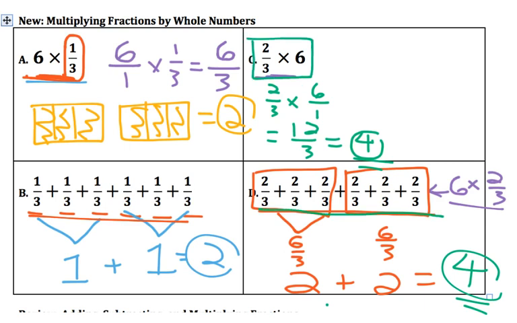And I actually want to give you one other conceptual way. One way to think of 2/3 times 6 would be, what is 2/3 of 6? Imagine you had 6 mints, or 6 Altoids, and you wanted to figure out what 2/3 of it was.